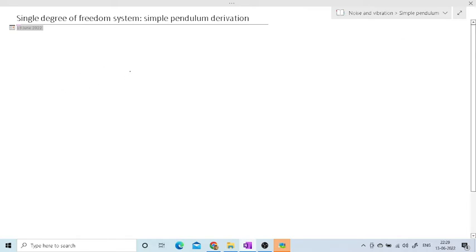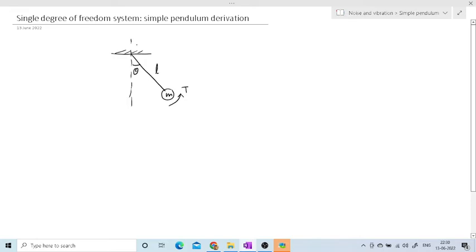So we will consider a simple pendulum whose length is L, having mass m, and because of the applied torque T its angular displacement is theta. Because of the application of torque it is displaced through angle theta.